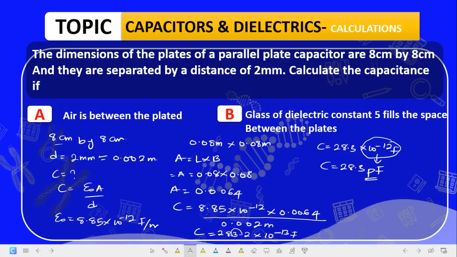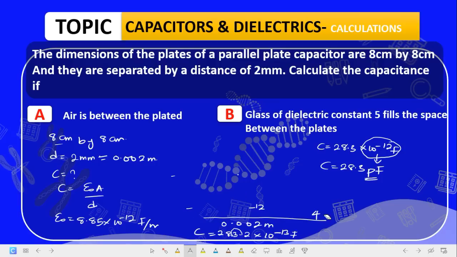Now, the next question says, if glass of dielectric constant 5 fills the space between the plates, what will be the capacitance in that case if it is glass that filled it instead of the air?